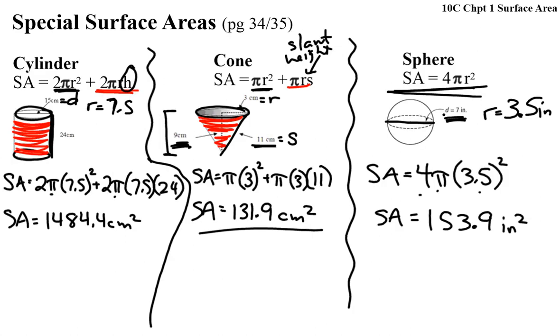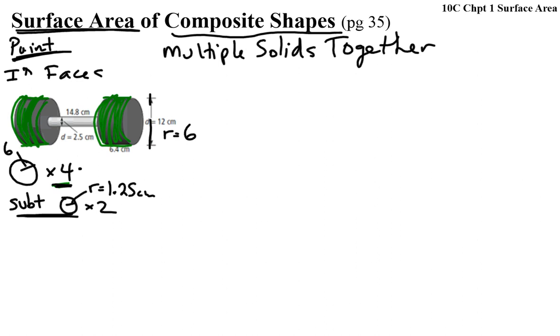If I go back to the previous page, a cylinder is the 2 circles and the 2 pi rh, which we identified was that rectangle when you unfold it. So what do we have? We have 2 pi rh twice. That's the green part that I've just colored. 2 of those rectangles.